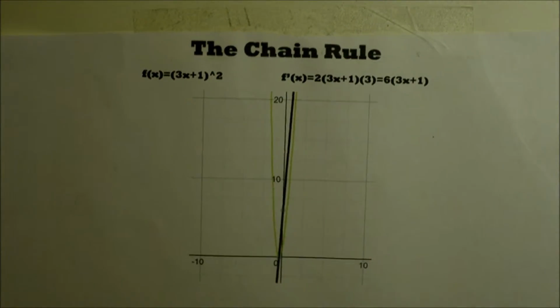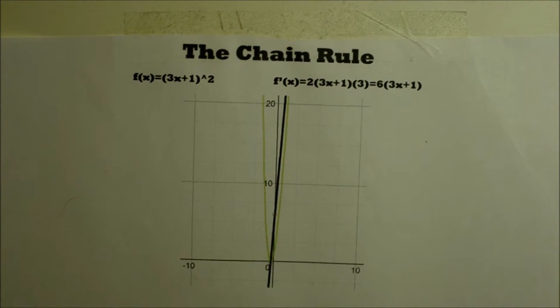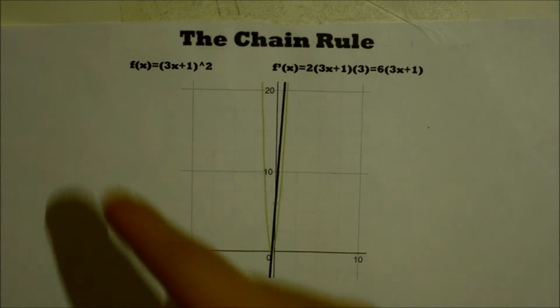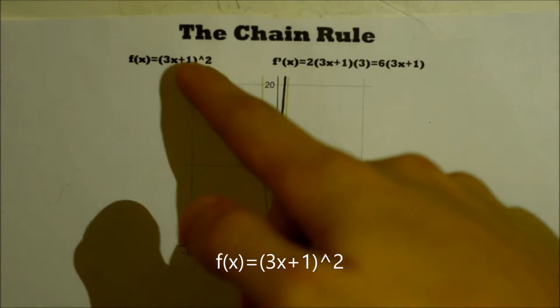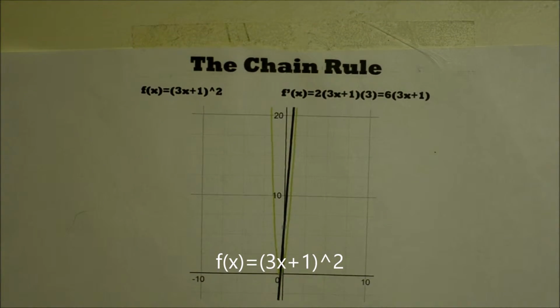This is the chain rule, the final and most complex rule for differentiating functions. When you have a function within a function, such as f of x equals 3x plus 1 all squared, you use the chain rule to find its derivative.